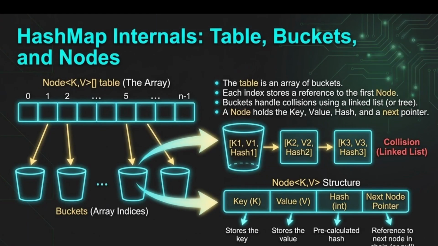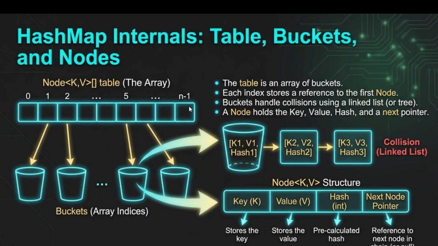So in HashMap we see these terminologies: table, buckets and nodes. Table is nothing but an array which holds the list of nodes. Each index will hold a bucket. Here, a bucket is nothing but a linked list or tree which will be generated based on collisions. So, listen carefully.